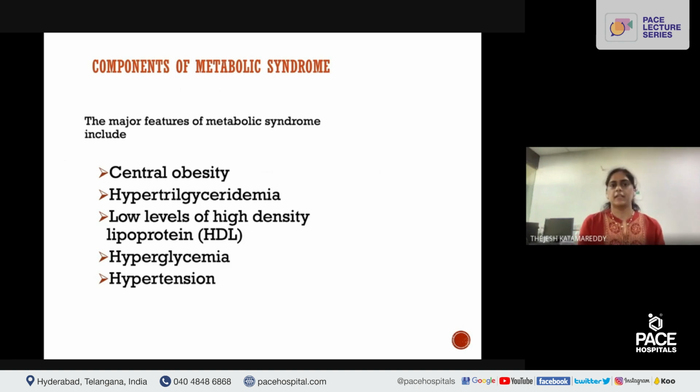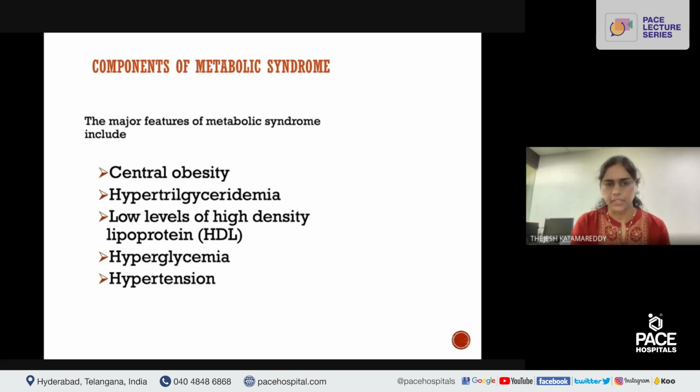So what exactly does metabolic syndrome consist of? It basically consists of 5 components: central obesity, hypertriglyceridemia, low levels of HDL, hyperglycemia, and hypertension. These are the 5 main components of metabolic syndrome, based upon which the diagnostic criteria were developed by WHO, NCEP ATP classification, and IDF.